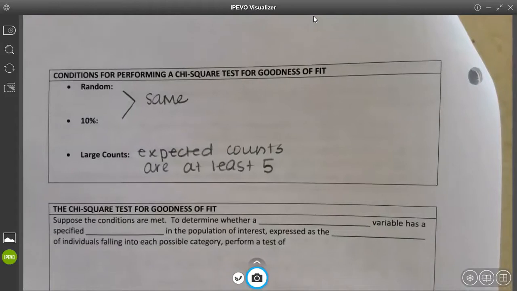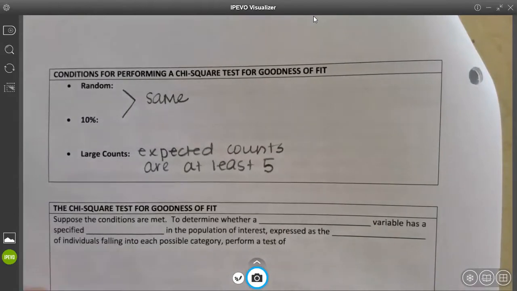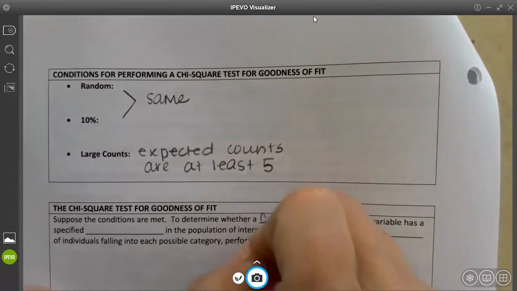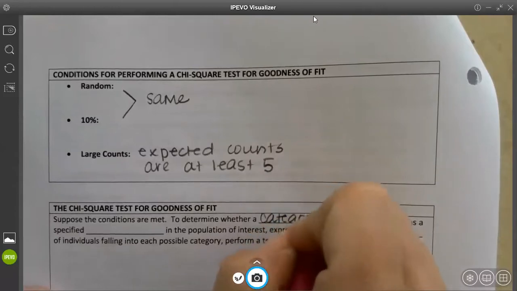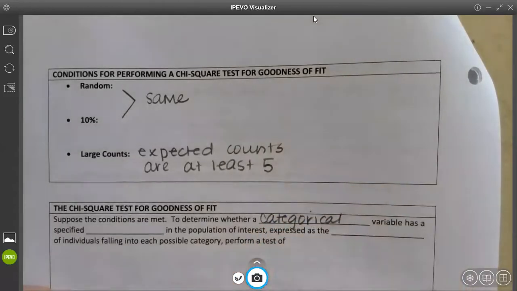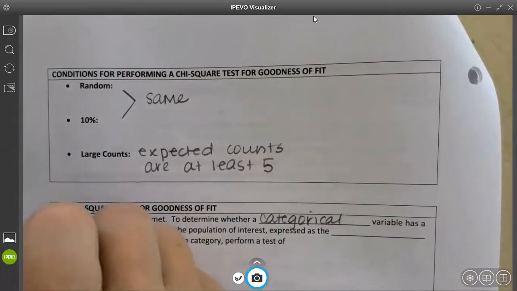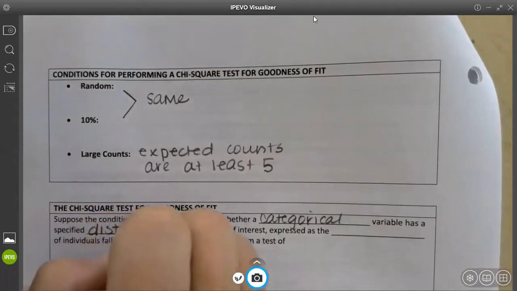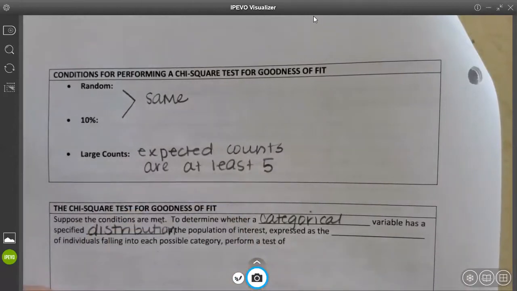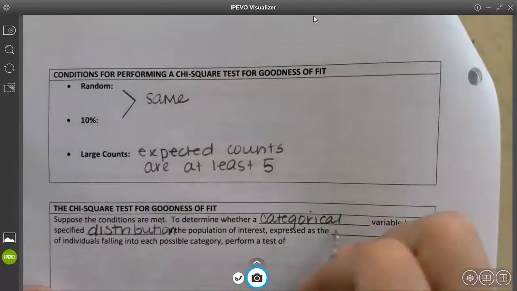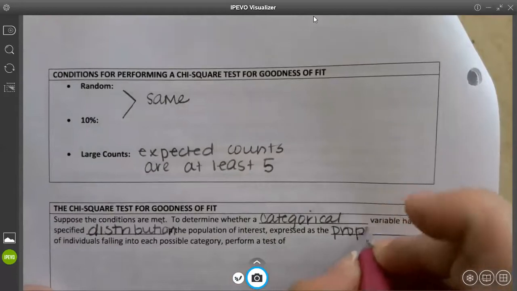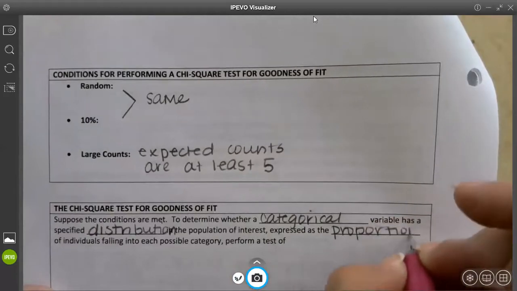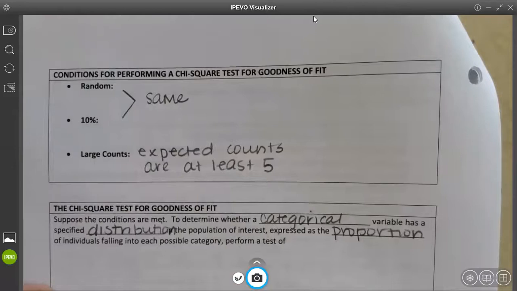Suppose the conditions are met to determine whether a categorical variable has a specified distribution in the population of interest, expressed as the proportion of individuals falling into each possible category.